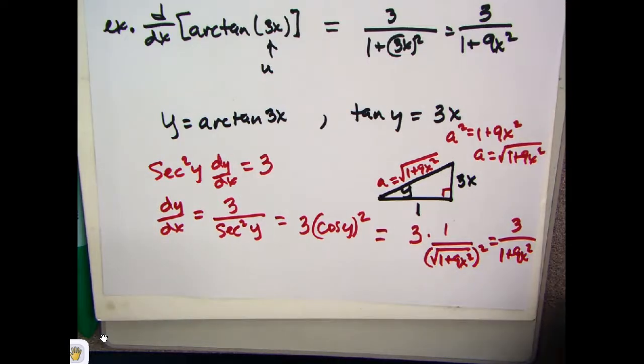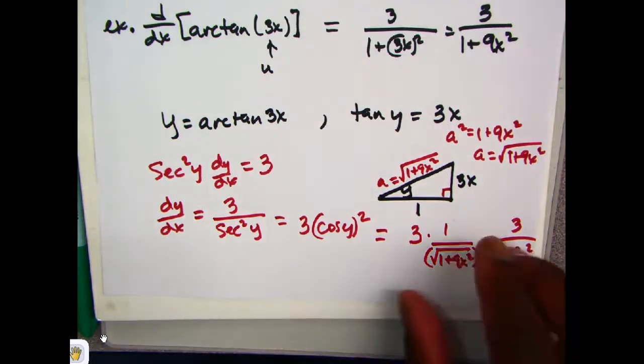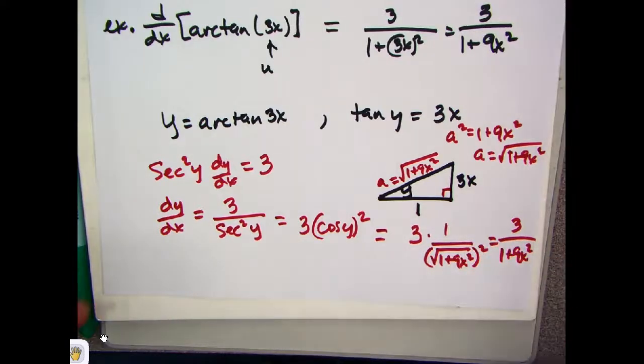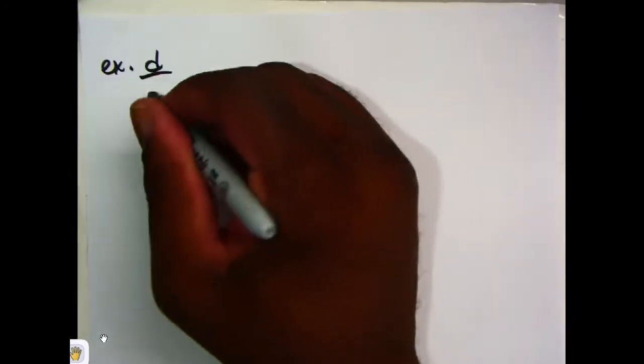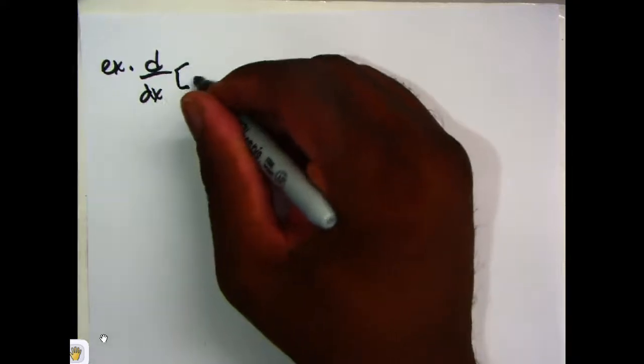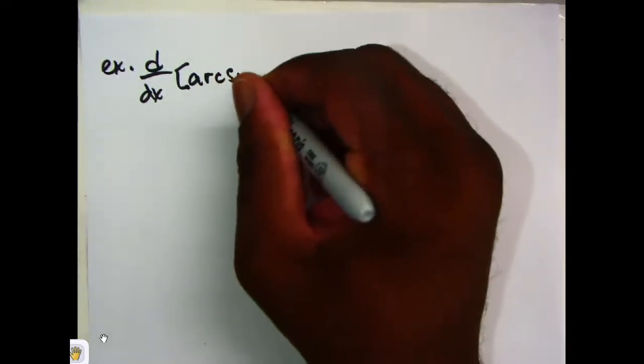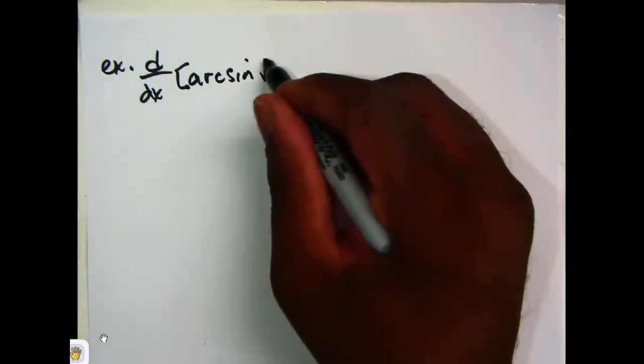Okay, let's take a look at another example. A couple more. How about the derivative of arcsine of the square root of x?